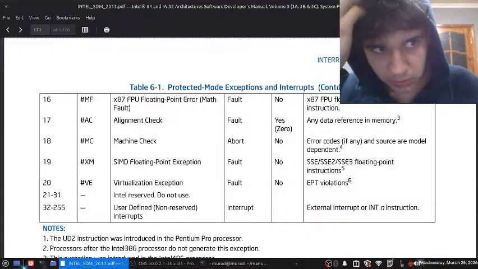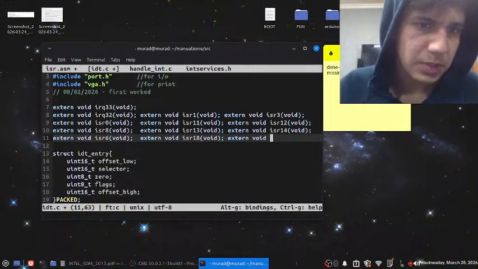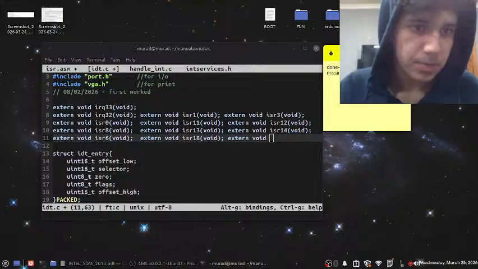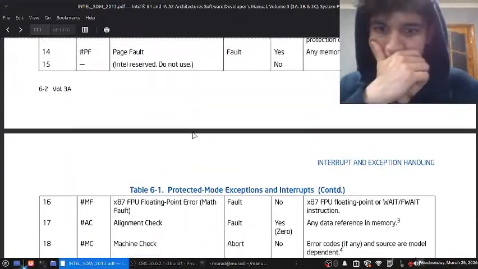There are 20 interrupts here, and some of them push the error code to the stack. Wait.